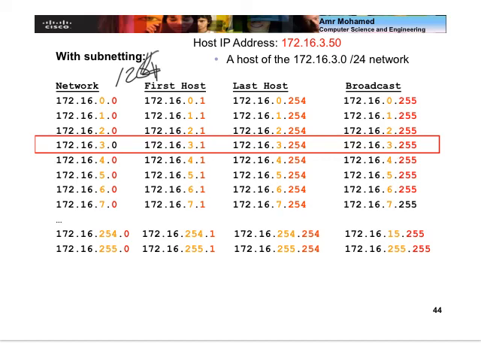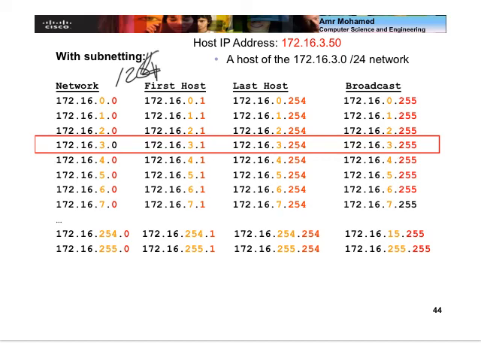For each network you lose 2, and you have 256 networks, so it's 256 times 2. Minus 2, because even without subnetting you have to lose 2, right?